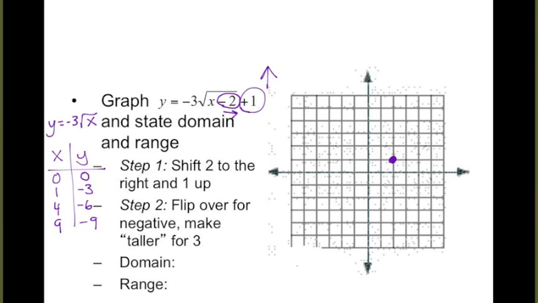So 0, 0 is that point. 1, -3 is going to go over 1 from that point and down 3 from that point. Not from the original origin, but from our starting point. And then from our starting point, over 4 and down 6.